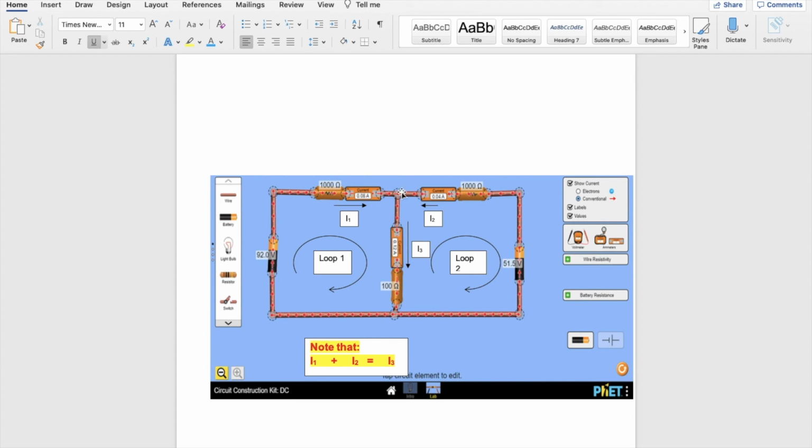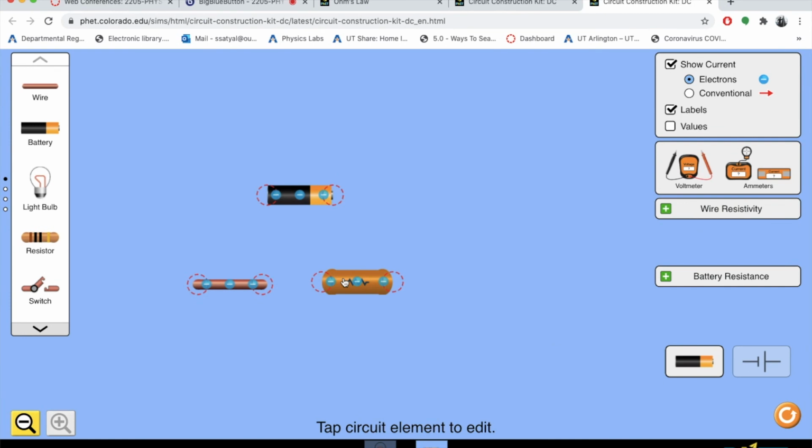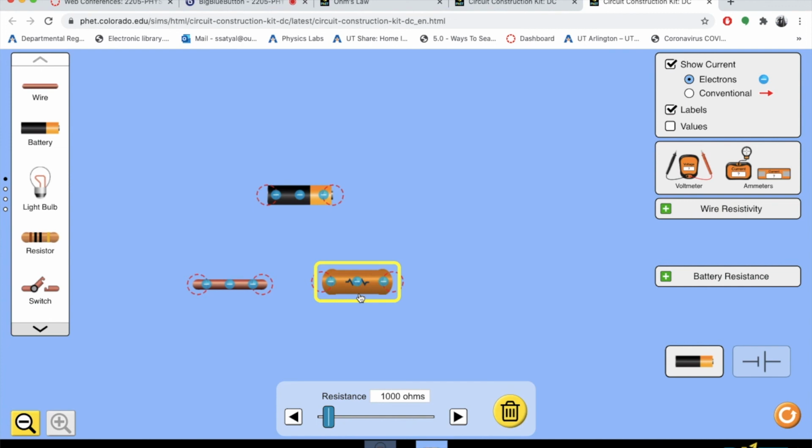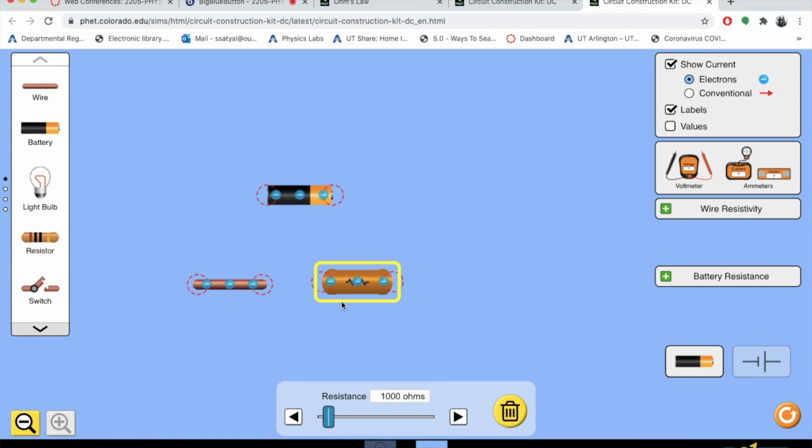You can measure the current. So here, once you have these elements set, you can set the values of these resistors. Just click on the resistor, and I believe those are 1000 ohm for 1, 2, 1000 and 100. So for 1 you can increase the resistance value to 1000.